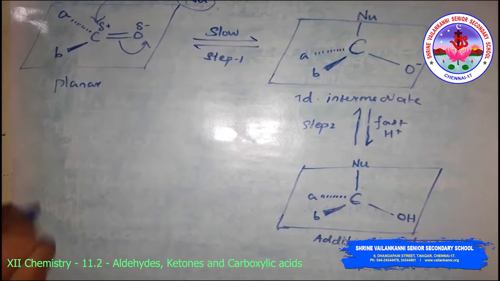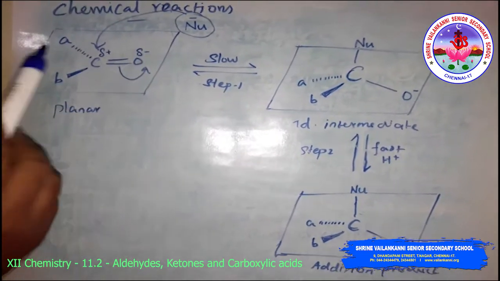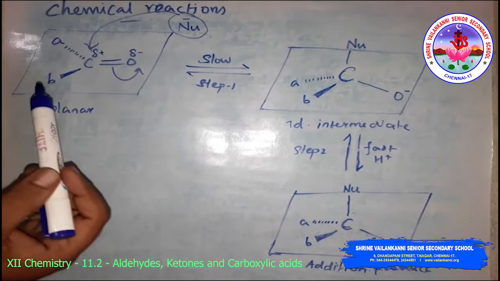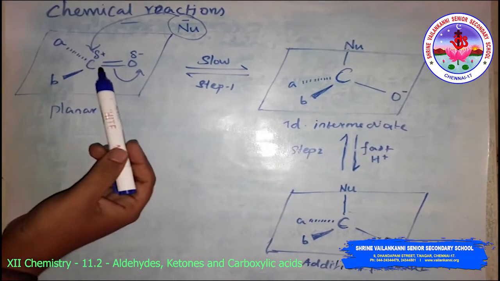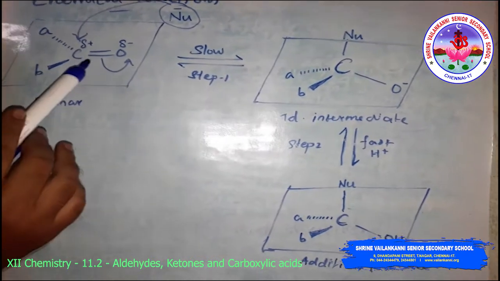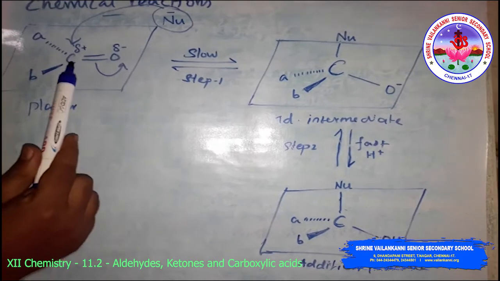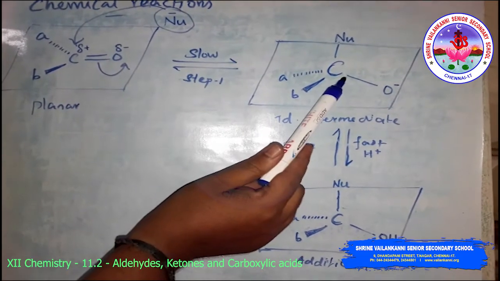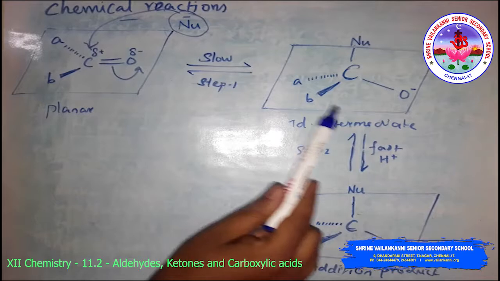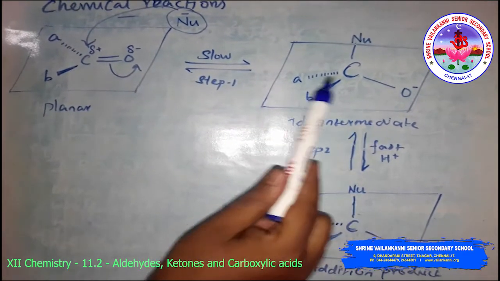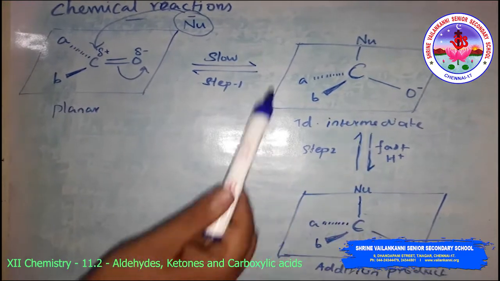See here, this is the tetrahedral carbon. Look, this carbon was sp2 hybridized, the orbitals of the carbonyl carbon, because the hybridization of carbon changes from sp2 to sp3. This is called the tetrahedral alkoxide intermediate. The tetrahedral alkoxide intermediate is produced.